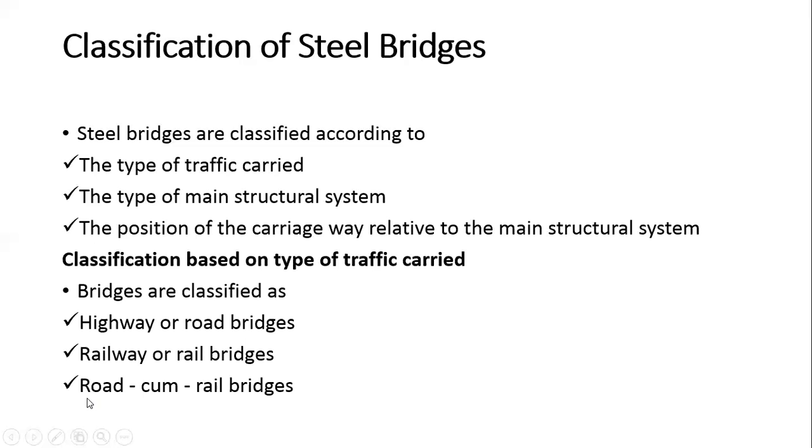And the third one is road-cum-rail bridges, where both traffics are there on one bridge. You will see one example: when you are going towards Old Delhi railway station, you will find a bridge on which both the traffics are running. So that is your road-cum-rail bridge.